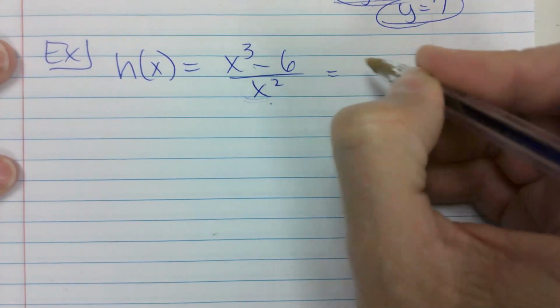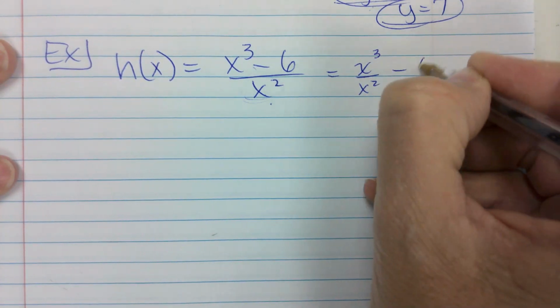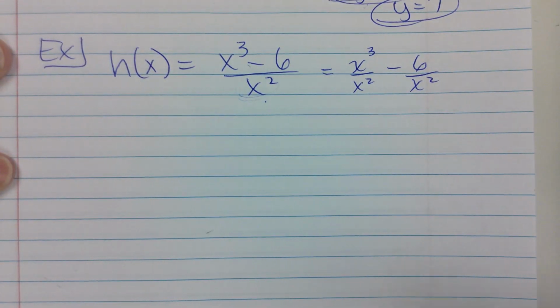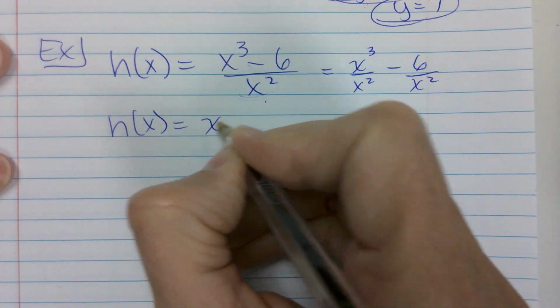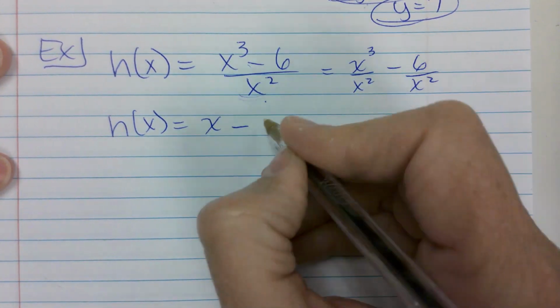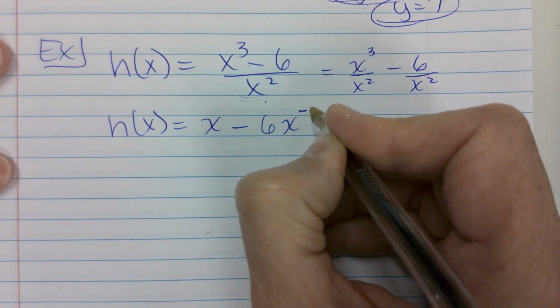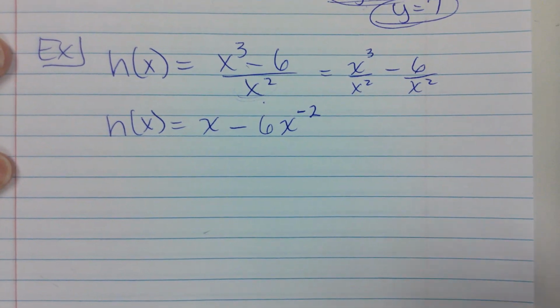Does everyone understand this could be rewritten like this? So what is it really rewritten as? 6 over x squared. We have to rewrite that as 6x to the negative 2.